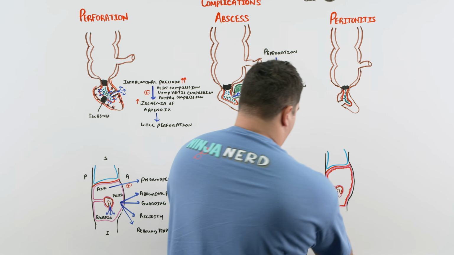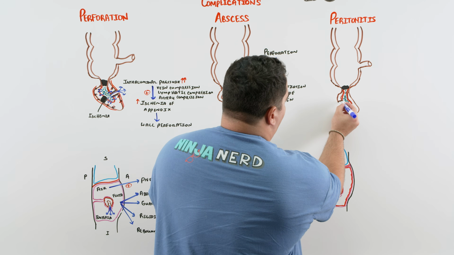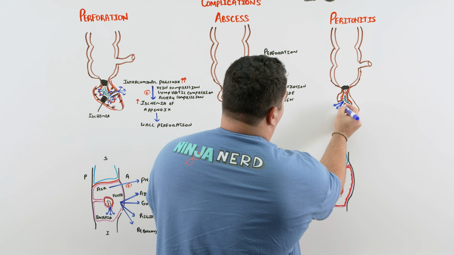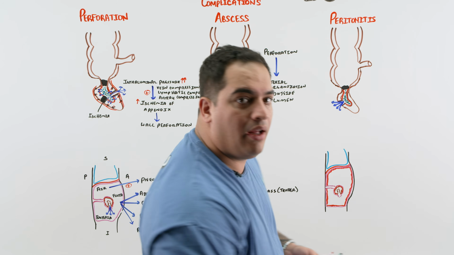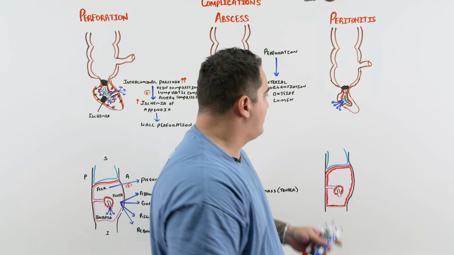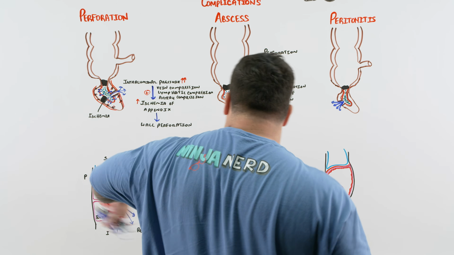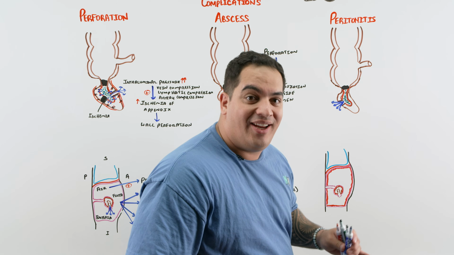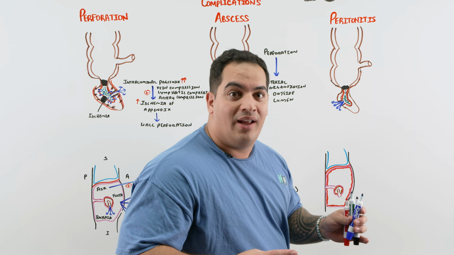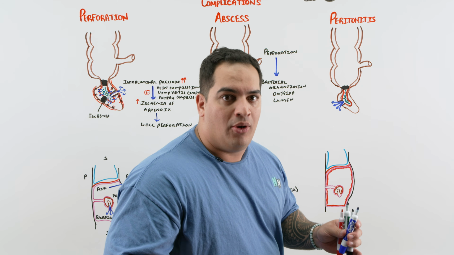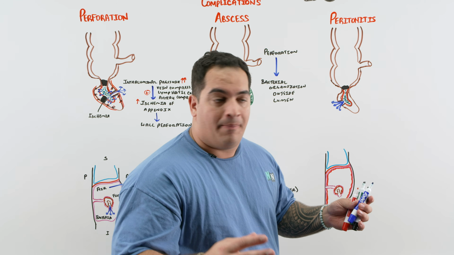What's the problem with this? Well, again, we already talked about how things can leak out: fluid, bacteria, air, all that kind of stuff. Same thing, but here's the problem. We didn't talk about how that bacteria or other types of molecules or fluid agitated the peritoneum. We just said it went out into the peritoneum.